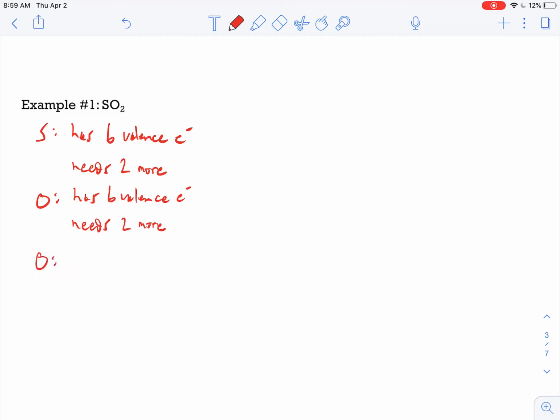Our final atom here is going to be another oxygen. Again, it has 6 valence electrons, and we're going to need 2 more. So we think about the total number of valence electrons we have here.